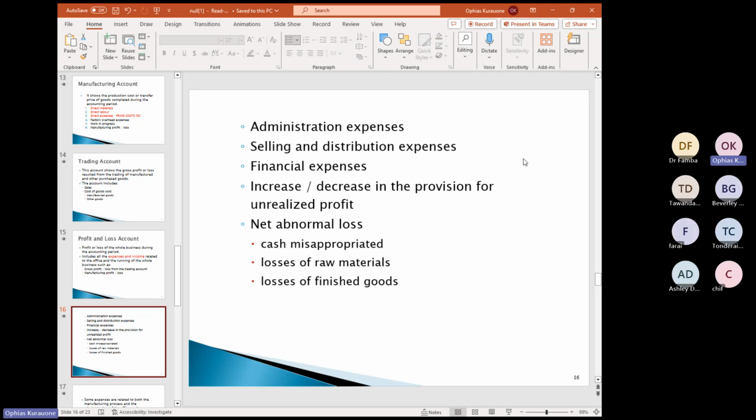Then selling and distribution expenses, then financial expenses, then distribution of realized profit, net abnormal loss, cash misappropriated, losses of raw materials, and loss of finished goods. So if there is a normal loss, it is part of cost. Abnormal loss can be transferred to the profit and loss.